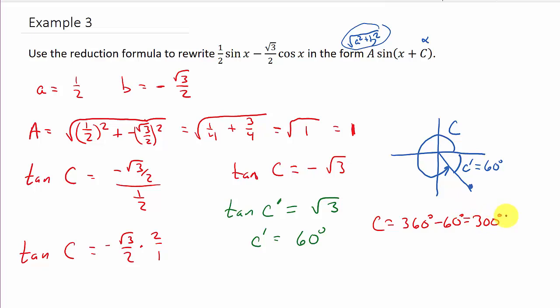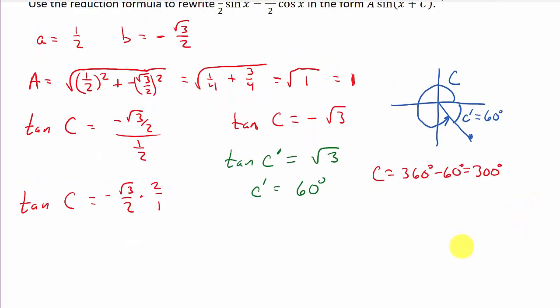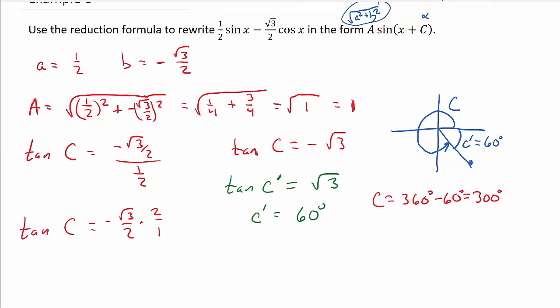So there's C. All right, so I'm going to get 1/2 sine x minus square root of 3 over 2 cosine x is equal to A, which is 1, so we don't need to put anything there because it's understood there's a 1, sine of x plus 300 degrees.